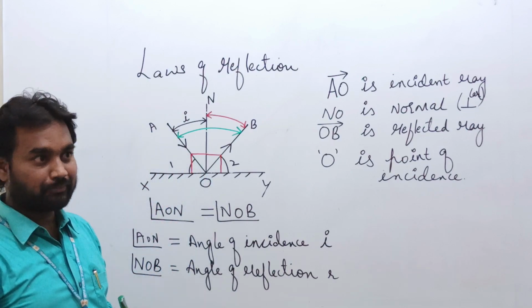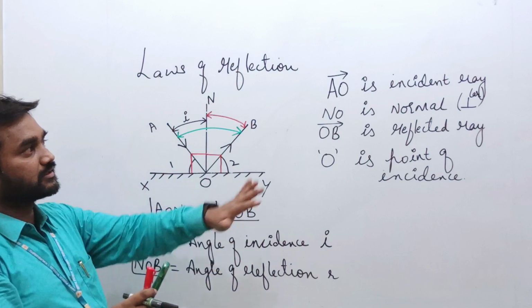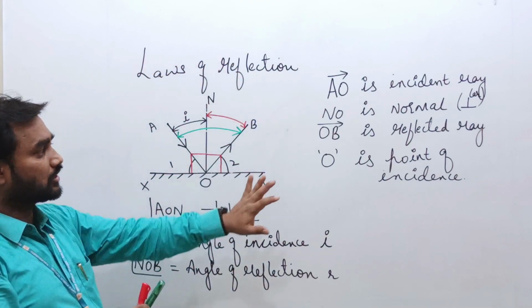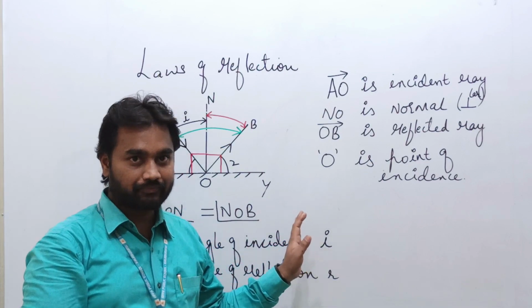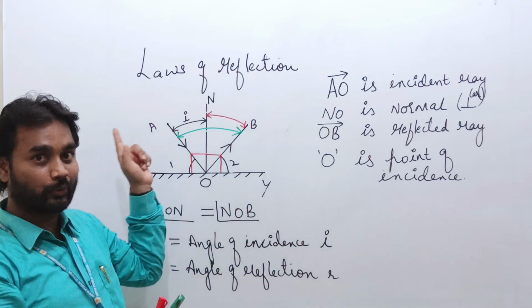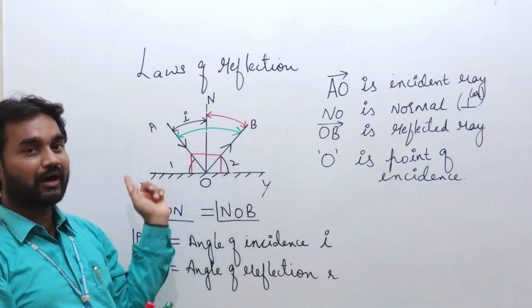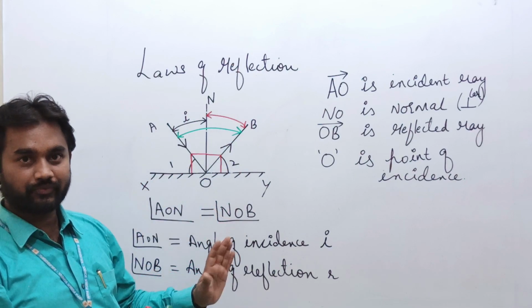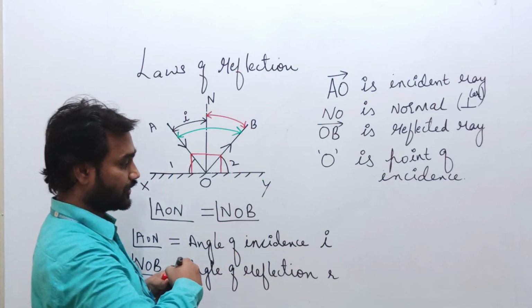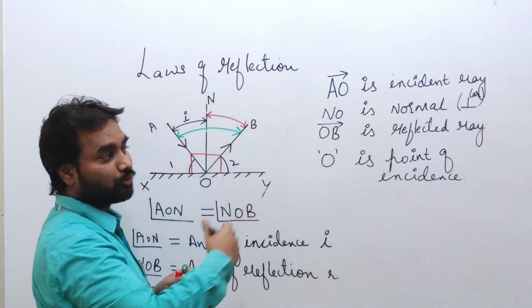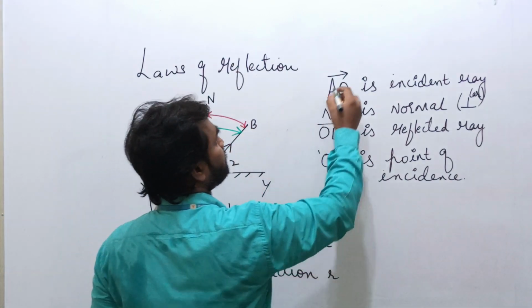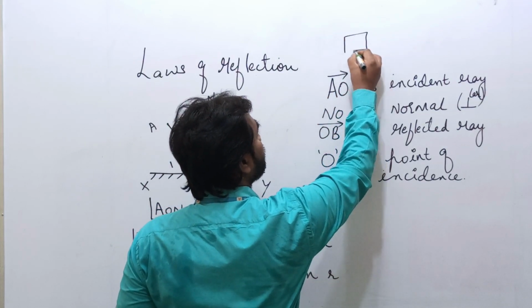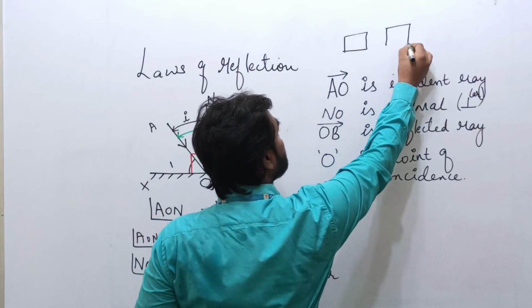Plane: this is a board. Whatever I write on this board will be on the same plane, because it has a boundary. With one boundary, we call it one plane. Suppose I have one more board on the other side, another plane.